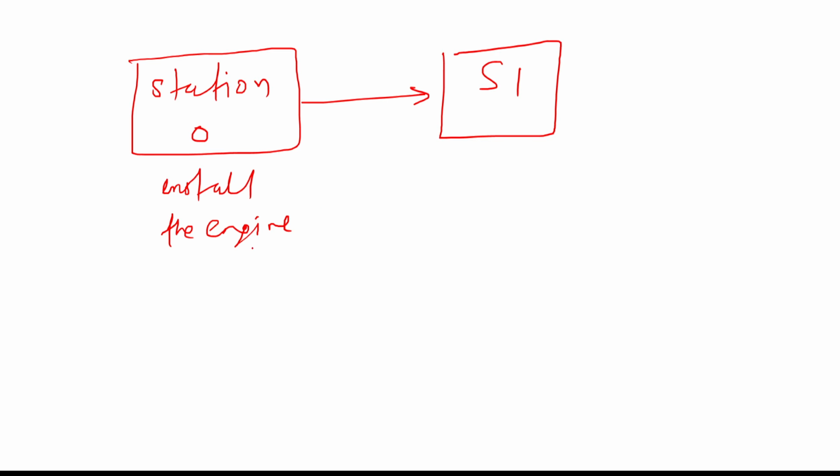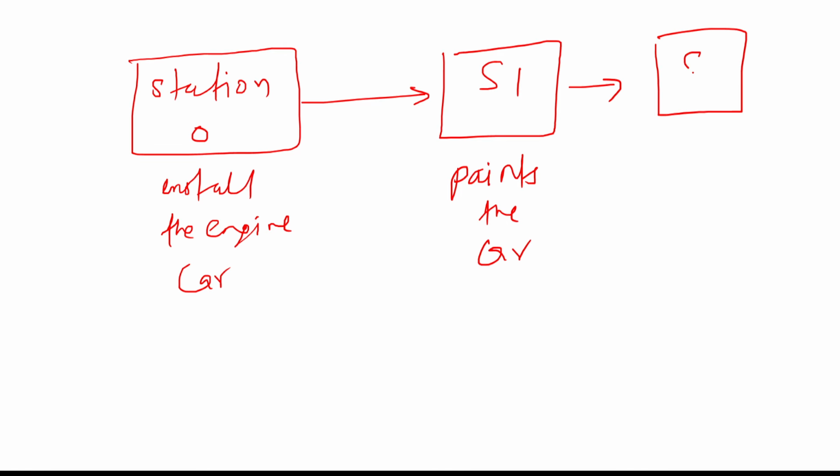When it installs the car, it paints the car. Can we say that? It paints the car. And here we install the engine of the car. When it is done, we'll say station 3 is there. So station 3 checks the electronics.